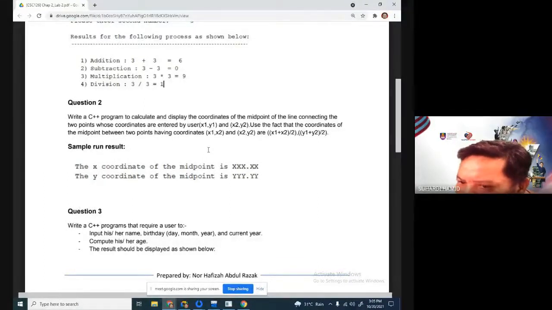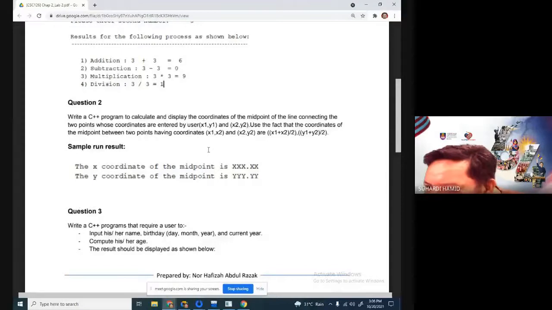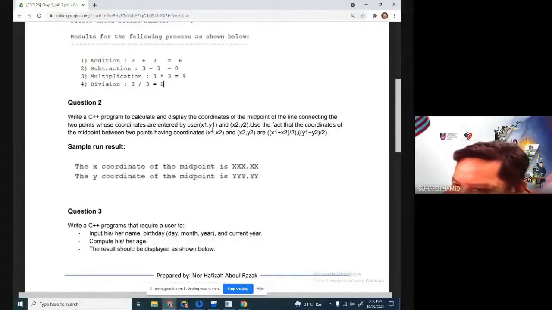Why do I find this question is not entirely correct? Instead of x2, it has to be y1, isn't it? x1, y1, and x2, y2.